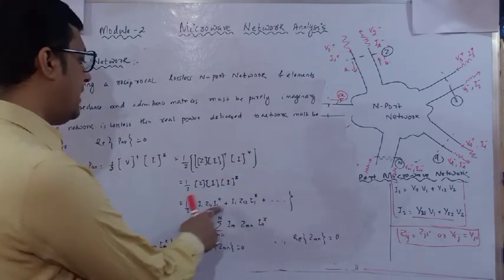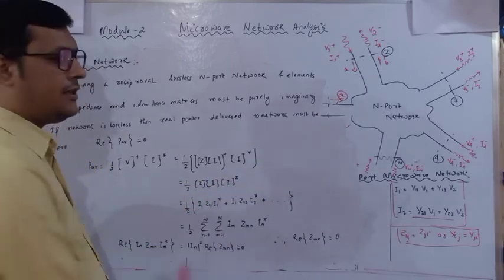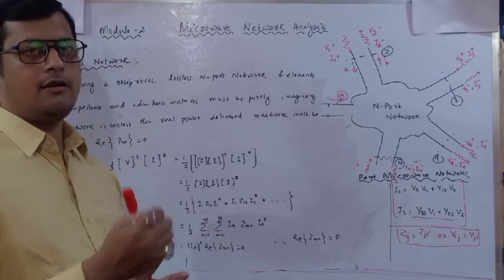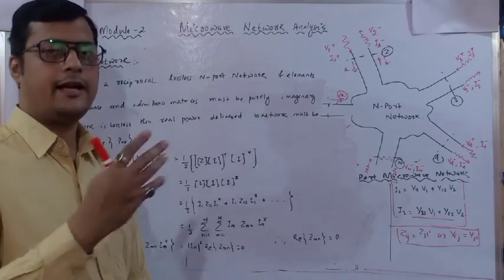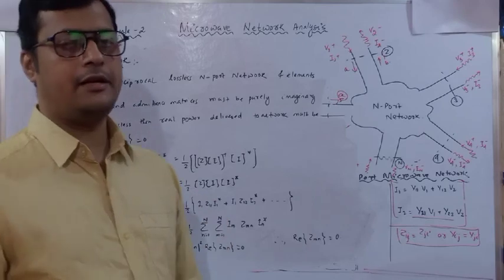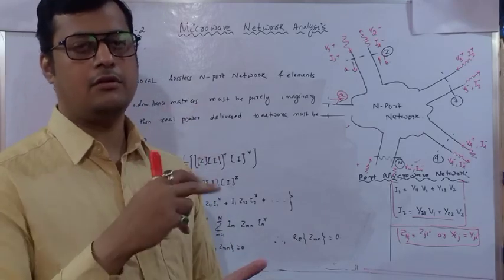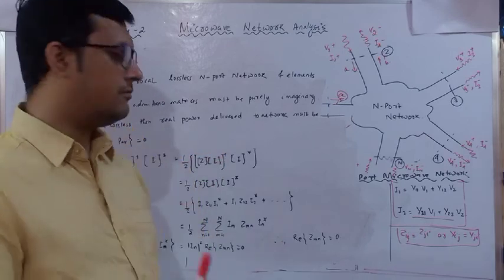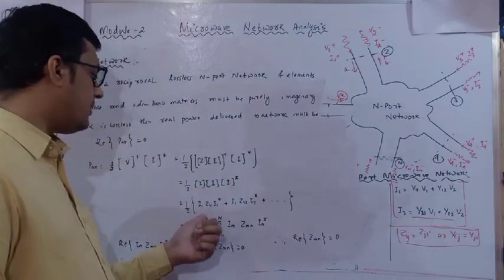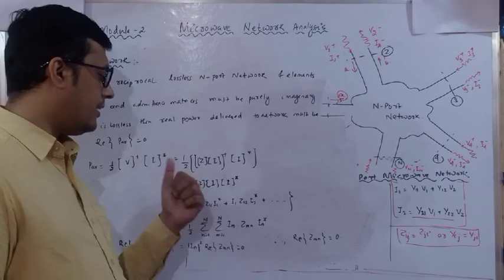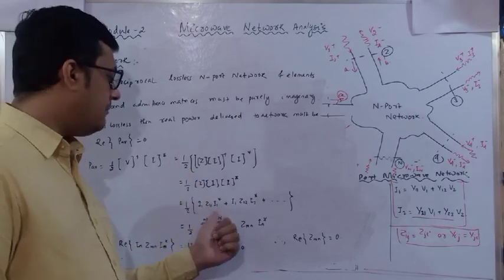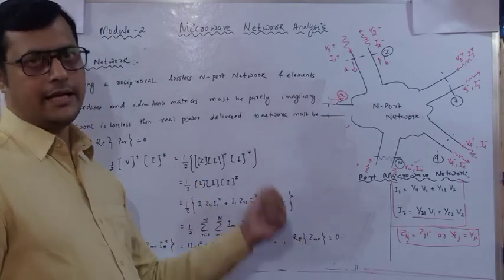Now if you see all these components, your row and column will vary as the nth component, n cross n. If it is an n cross n matrix, small m indicates the number of rows and n the number of columns. So half, sum over m equals 1 to n, n equals 1 to n, Im Zmn In complex conjugate.